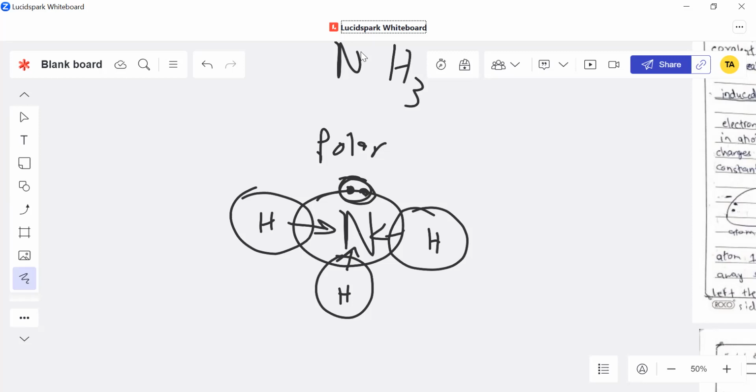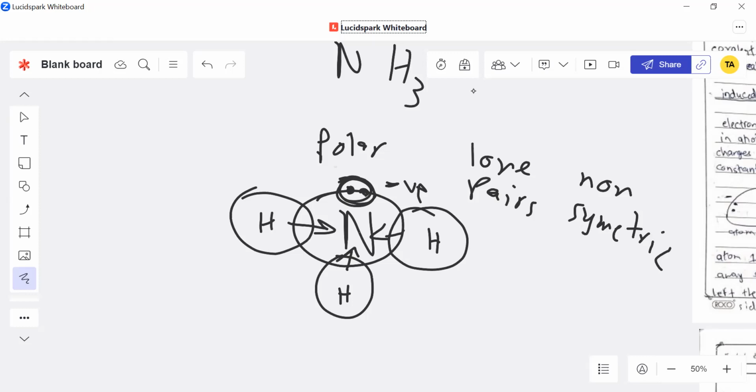The lone pair will put a more negative charge on nitrogen, and therefore it becomes polar. This is not a symmetric molecule. Because of the lone pair, you will have a non-symmetric molecule. So when you have lone pairs, the molecule becomes non-symmetric.